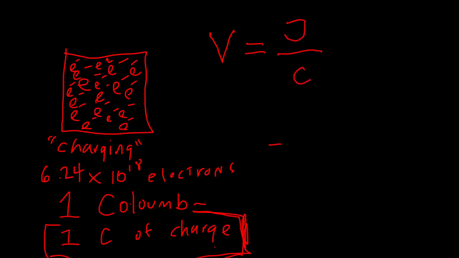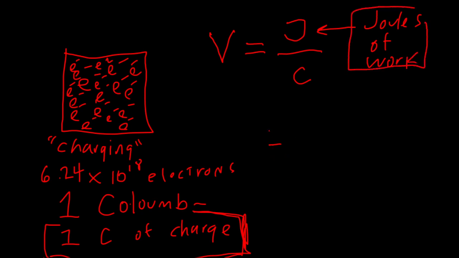So we know C. C is 1 coulomb of charge. And J, this is where voltage is super useful, because we're talking electricity here. J is joules of work, which is really cool because this is mechanical work.